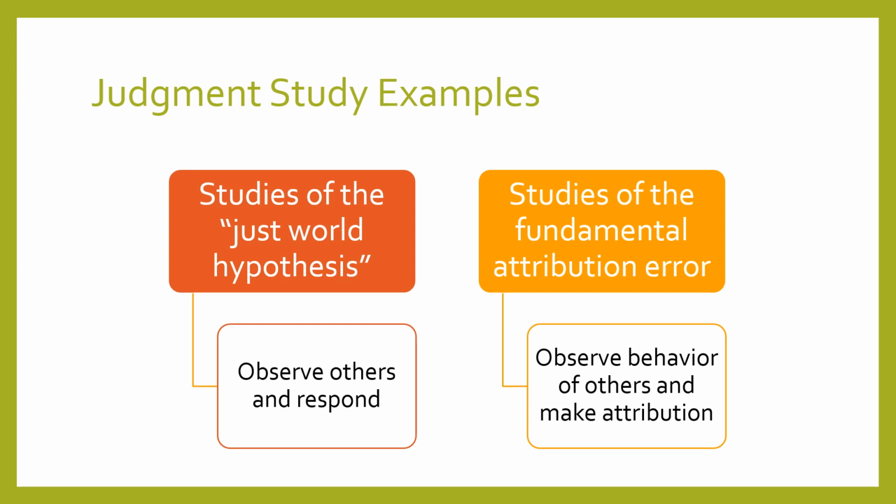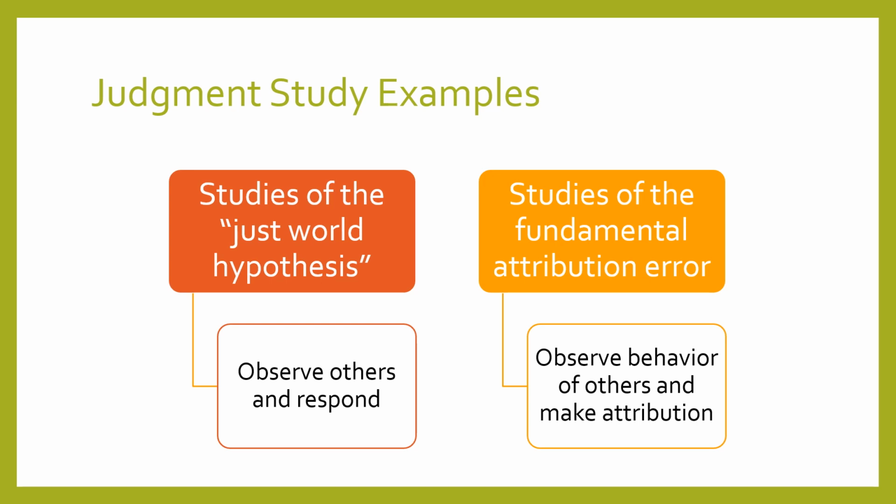Or they blamed the victim in some way. For example, if they had just done XYZ, they wouldn't have been in that situation in the first place. So essentially, these just world hypothesis studies are ones where participants are told about a situation, asked to reflect on it, and then draw a conclusion or a judgment on that situation.